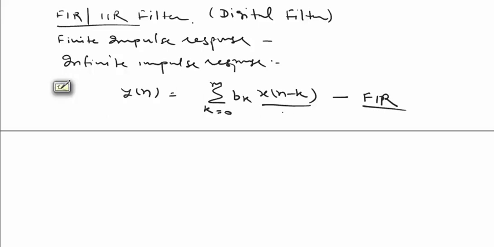A delayed copy of the input signal is combined with the current input to generate the output. I repeat, only the input is delayed, not the output. We delay some input and mix it with the current input; the result is called finite impulse response. It is also called a feed forward filter.